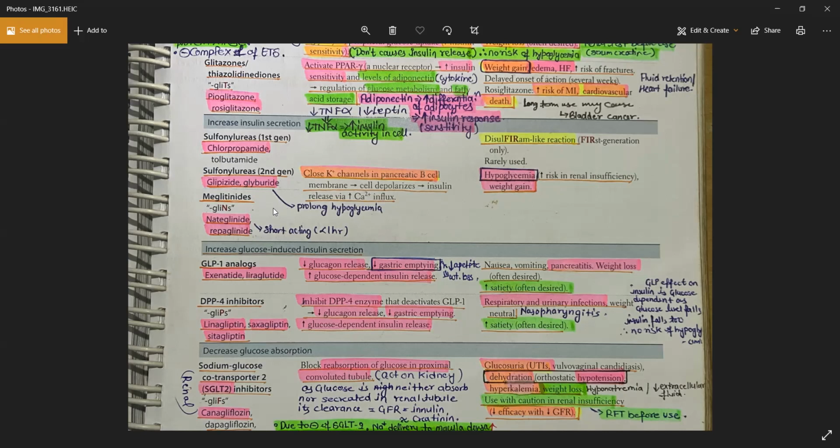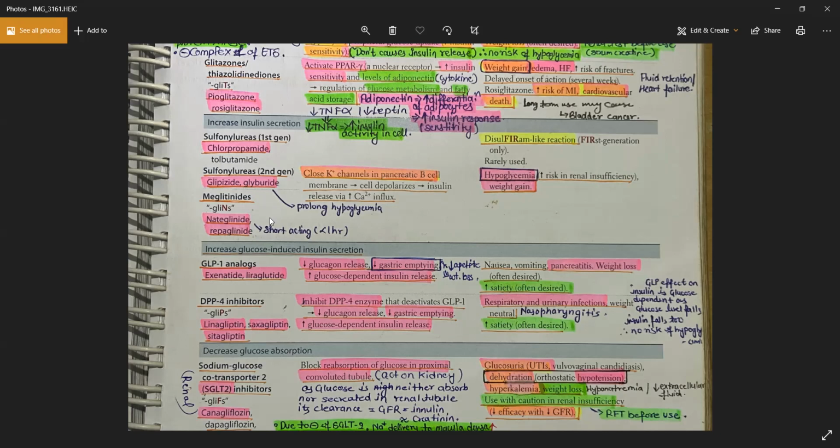Then after stopping the therapy, the patient again develops hypoglycemia within the hospital. When you stop the glucose infusion, the patient again develops hypoglycemia, and it happens for like 7 to 8 hours. That means it is a case of glipizide and glyburide.